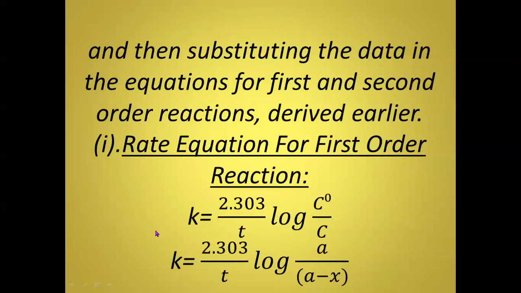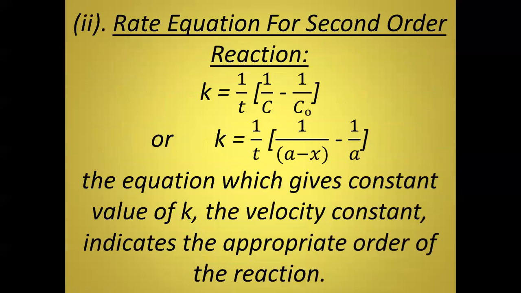For example, for first order, K is equal to 2.303 by T log C0 by C, or K is equal to 2.303 by T log A by A minus X. A is initial concentration and A minus X is the concentration at time T. And for second order reaction, K is equal to 1 by T into 1 by A minus X minus 1 by A. Actually, 1 by A means 1 by C0, that is initial concentration, and 1 by A minus X is 1 by C, means concentration at time T.